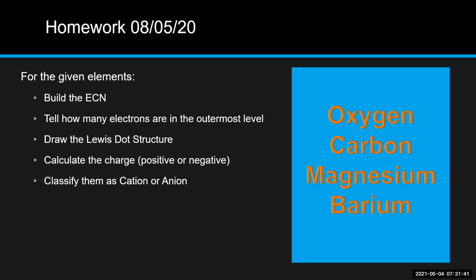So oxygen will tend to gain electrons, and the charge is going to be negative something. And when oxygen gains the electrons, it is going to look like a noble gas. You will see what noble gas oxygen is going to look like. But I don't want you to compare it to a noble gas, but you will see that the structure is going to be very similar to one of the noble gases on the right.